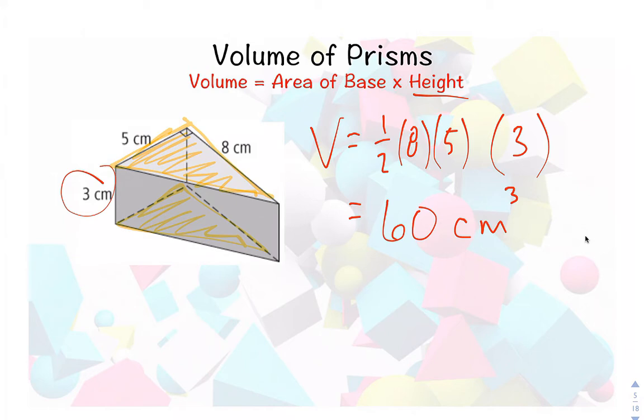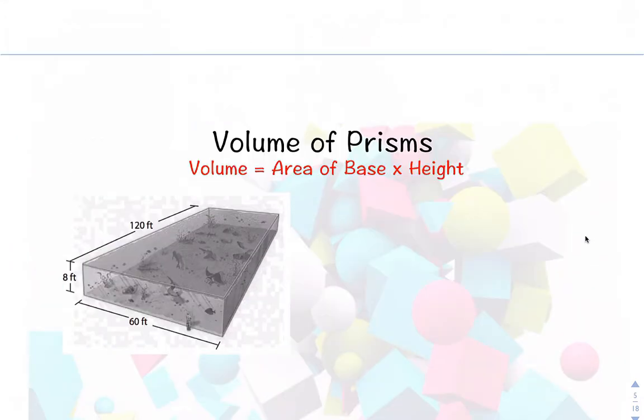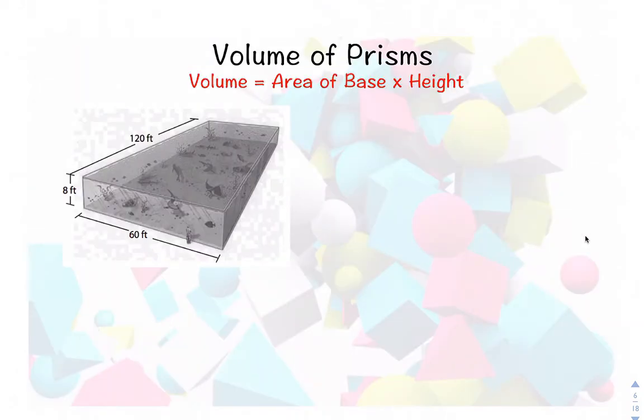Good. Okay. So now, why did I start with a triangular prism? Why not start with a rectangular prism? Well, in this case, remember I said the base is non-rectangular, right? Well, in a rectangular prism, all of the sides are rectangles.